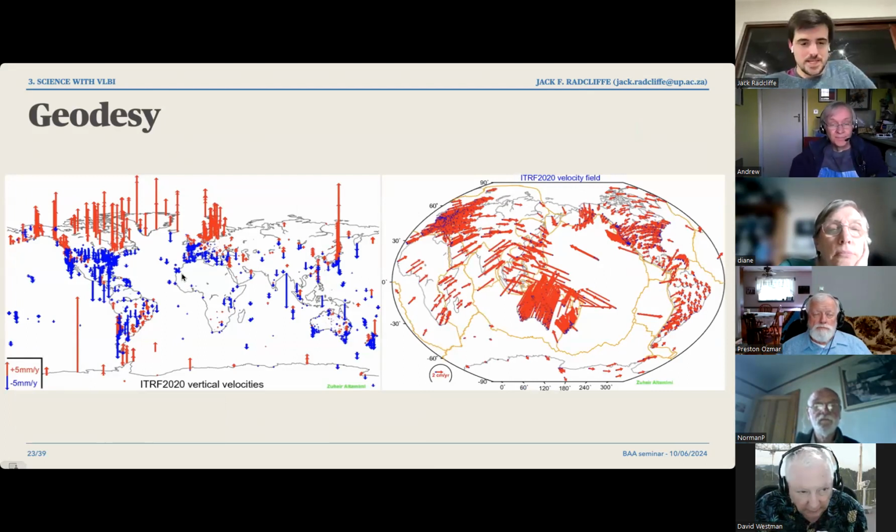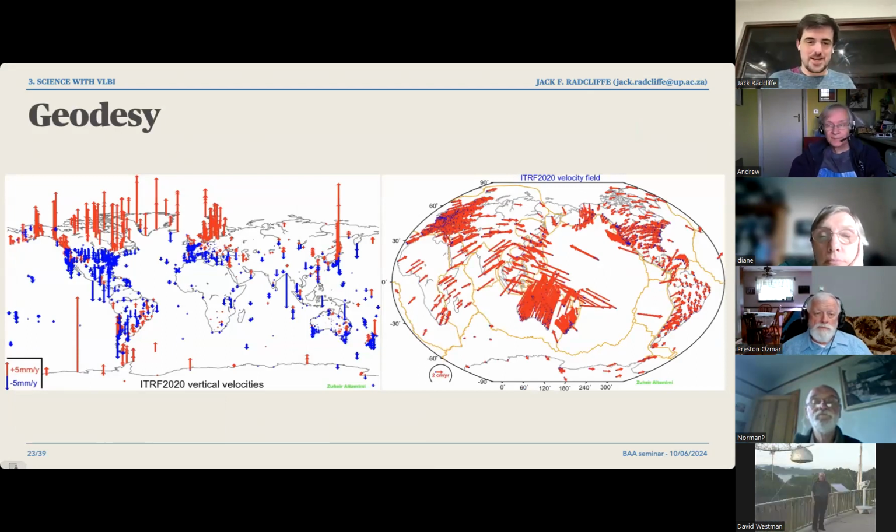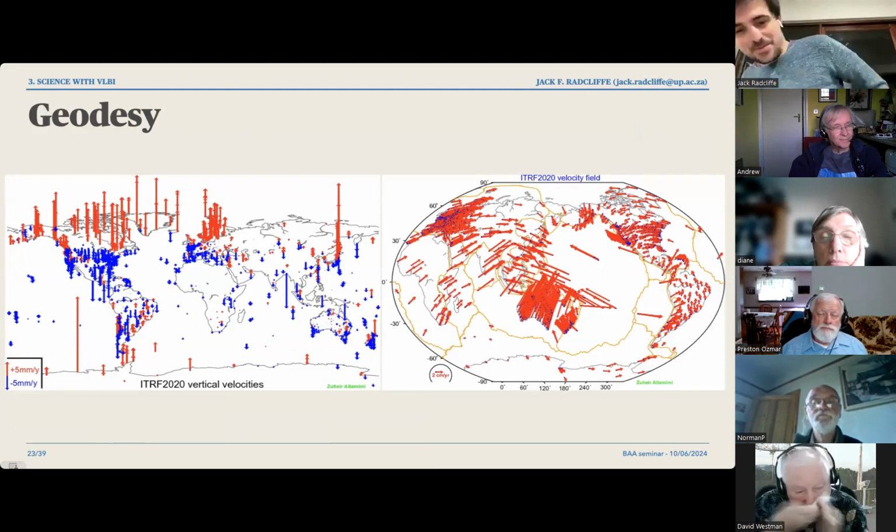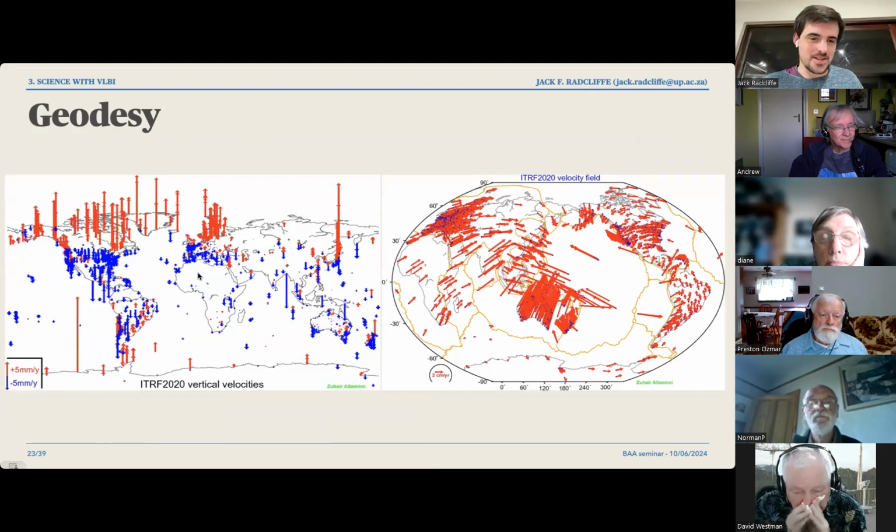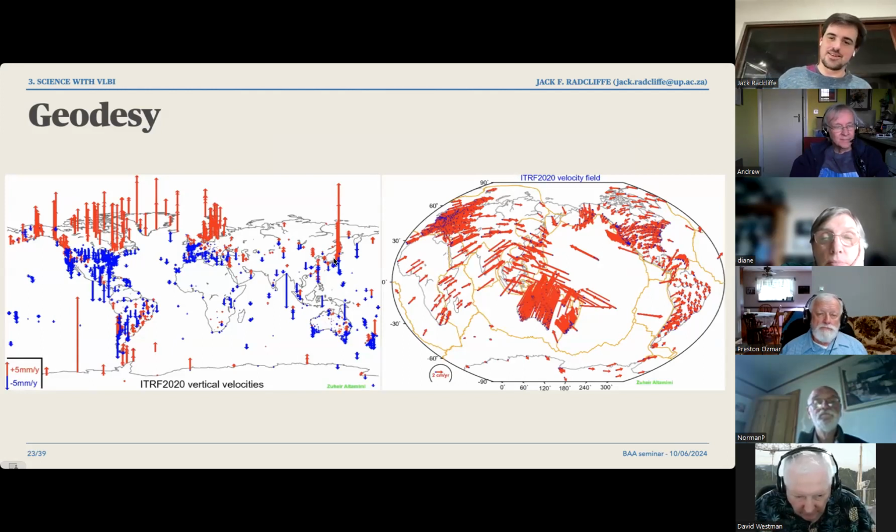And because we need to know accurate positions of our stations, we can flip it the other way, and then we can see how our telescopes are moving over time. So you can see this perfectly here that we're still recovering from the ice age up in Northern Europe, with the velocity of our telescopes moving upwards.